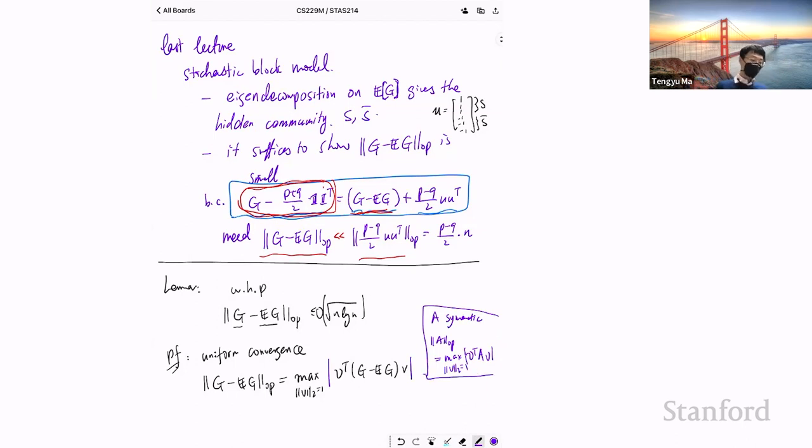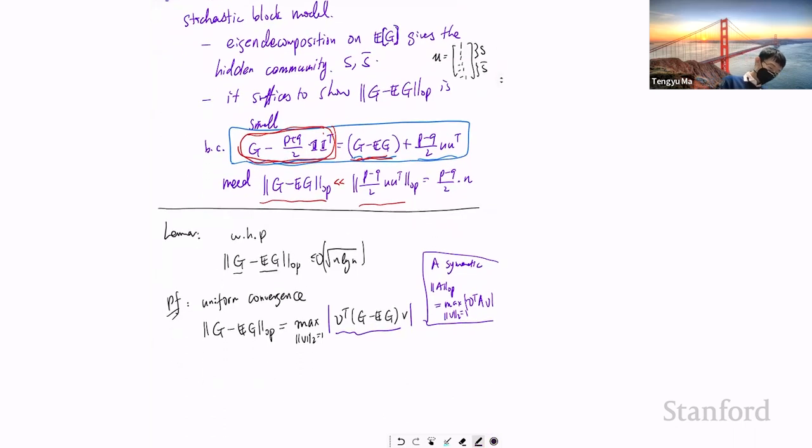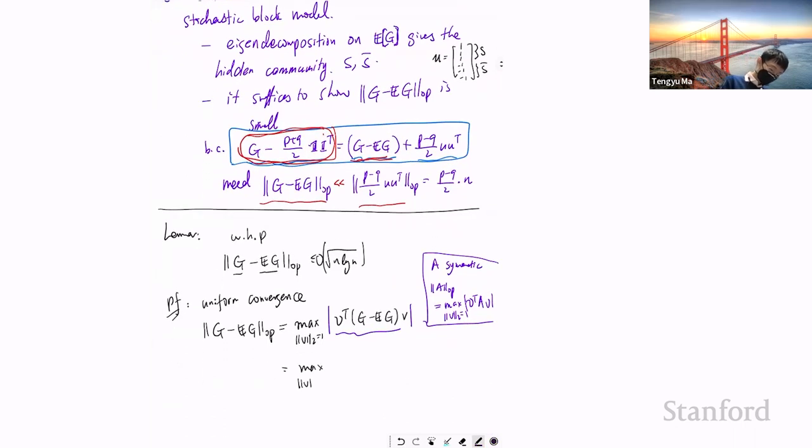Once you do this, you see that this becomes a scalar now, because this quantity is a scalar. And you can decompose this into the max over v with 2-norm squared equal to one, of v transpose G v minus v transpose expectation G v.